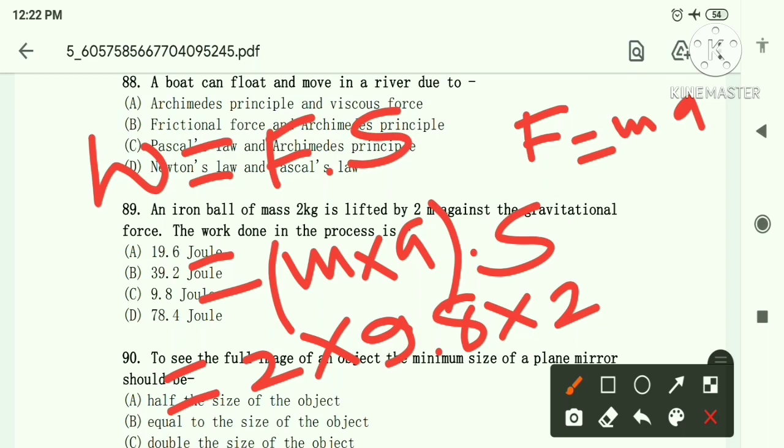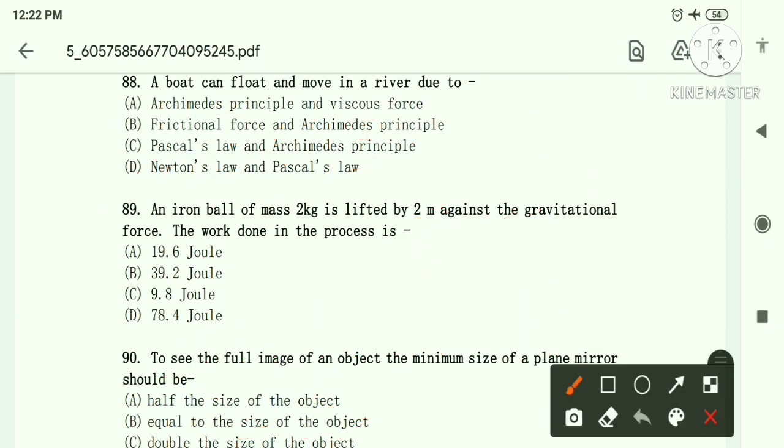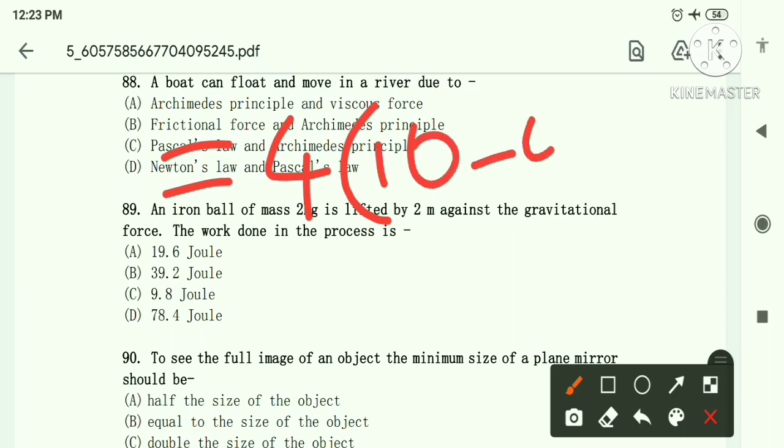Here multiplication, 2 2s are 4 into 9.8. Here I am writing 4 into bracket 10 minus 0.2. So we can write like this.